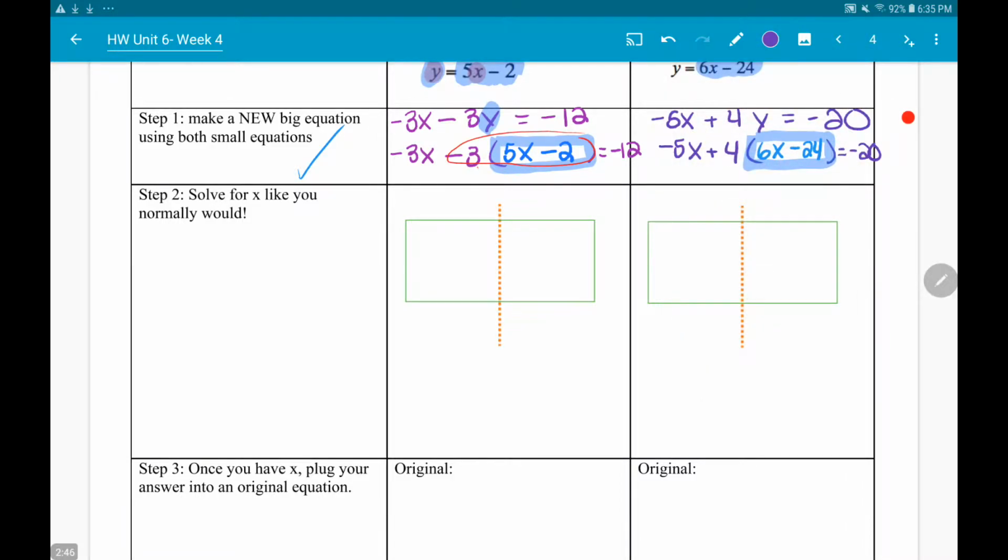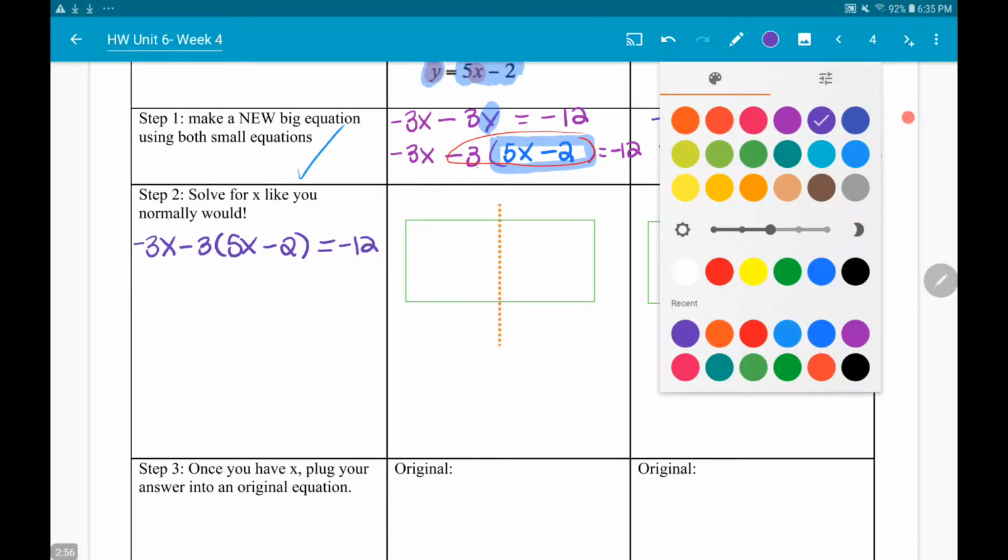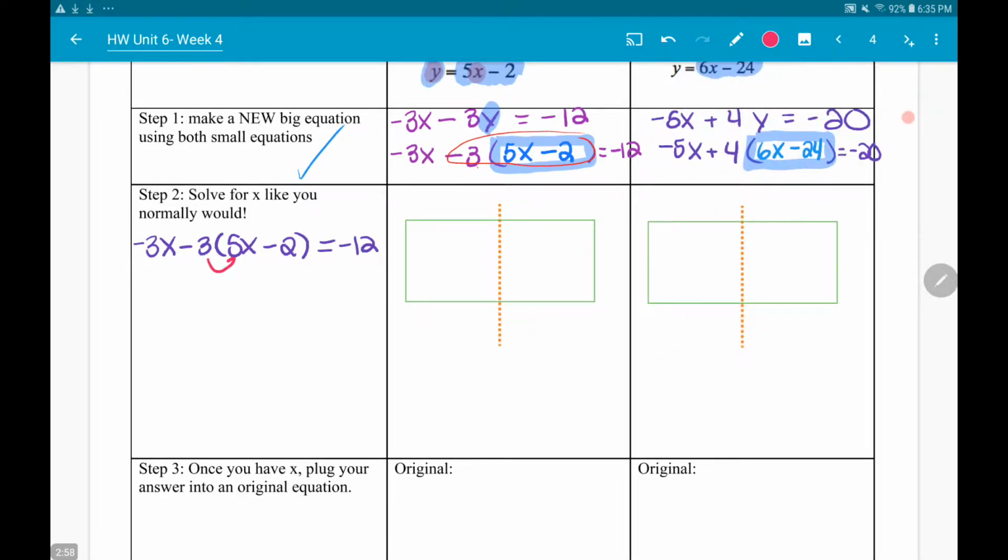All right, recap. Okay, so we are solving. So when I solve, I do my parentheses first. Negative 3 goes with 5x, and negative 3 goes with negative 2. I simplify.